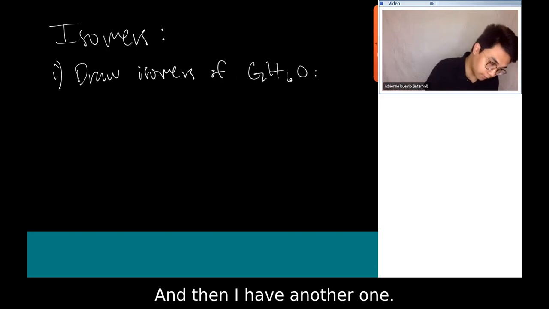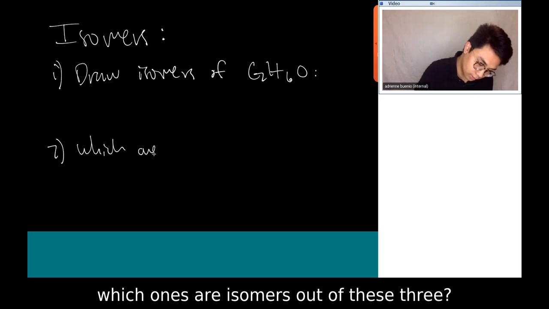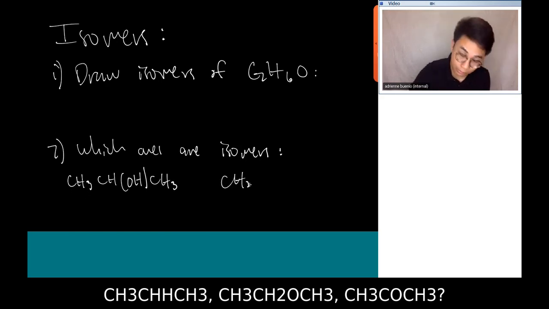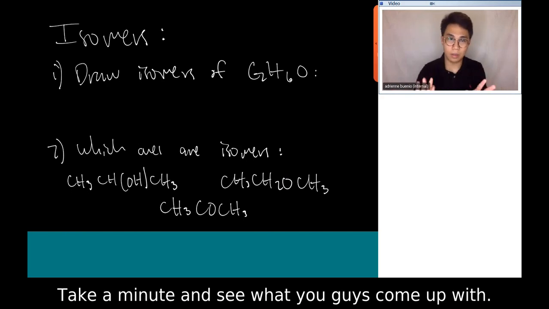And then I have another one: which of these three are isomers? CH3CH2CH3, CH3CH2OCH3, and CH3COCH3. Okay, so pause the video, take a minute and see what you come up with.